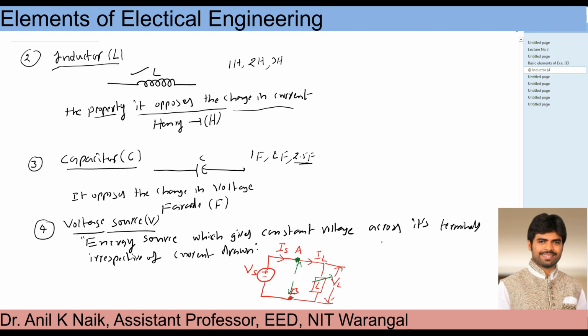If you see the characteristics of this voltage source, this is how we draw it. A straight line comes like this, and Vs is equal to VL. As my load current varies in this direction, irrespective of the current variation, my voltage is always maintained constant.